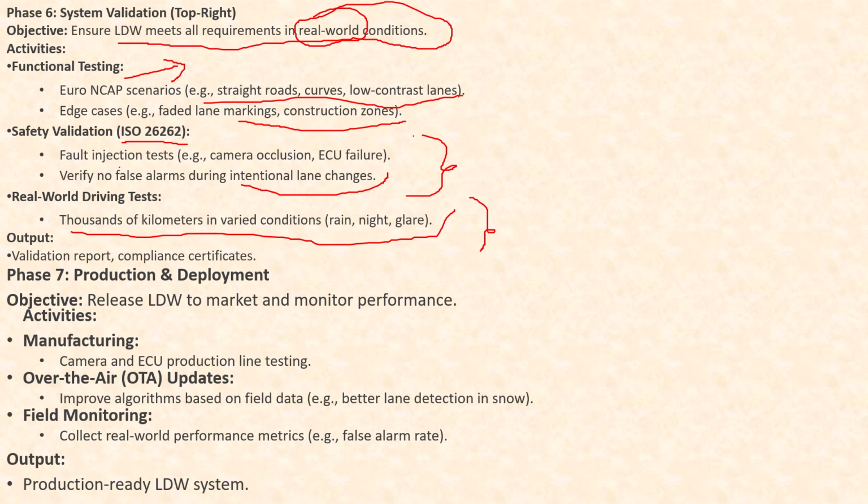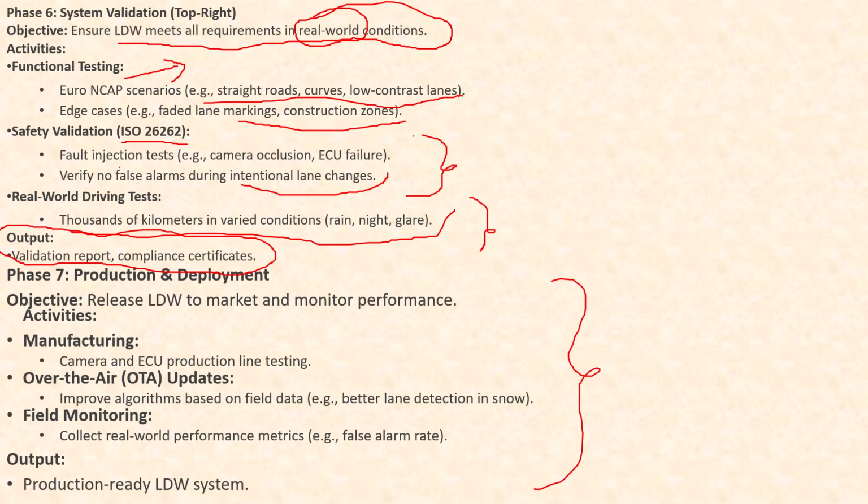So all these real world driving tests are also done by the OEMs. Okay. Now with this, the validation report and the compliance certificates are the actual output of this final phase. Next comes the production and deployment.